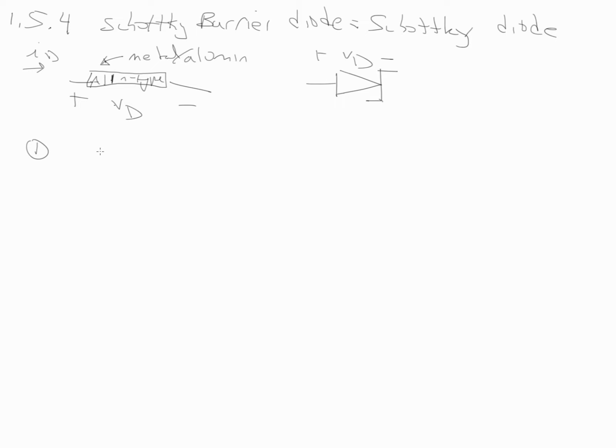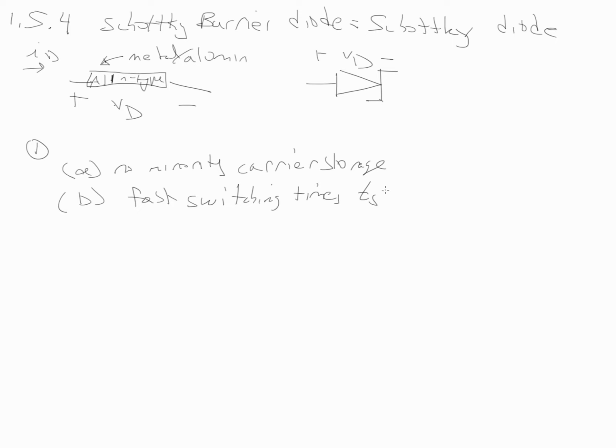The implication of this is that there's no minority carrier storage, which results in fast switching times. Essentially, TS is approximately equal to 0, and we talked about TS previously.